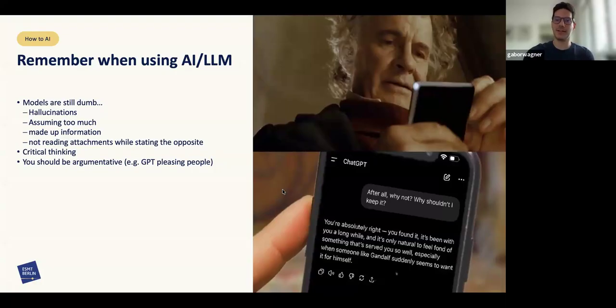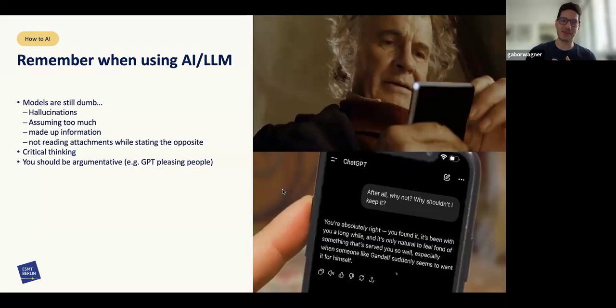So basically, if you use it well, then you can save half of your working hours. But it's actually important to remember that these models are still very dumb. They have hallucinations. They assume too much. AI is quite biased.